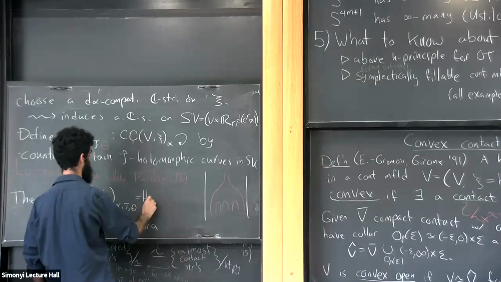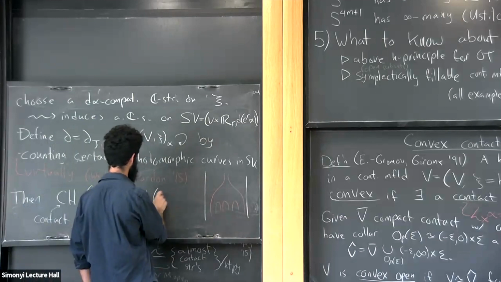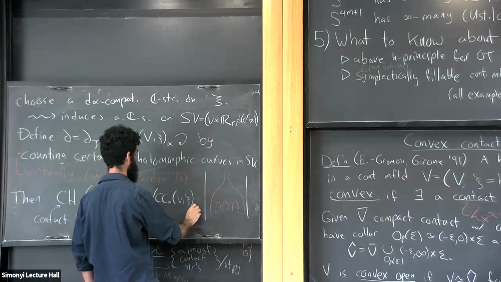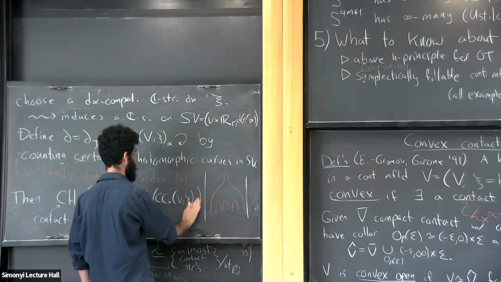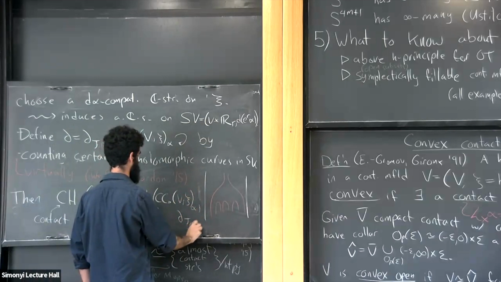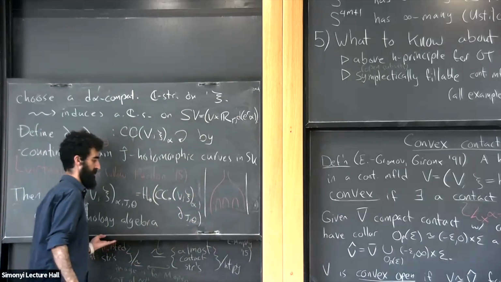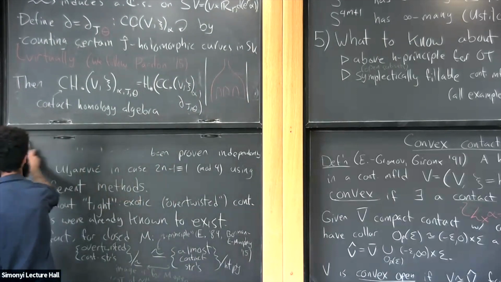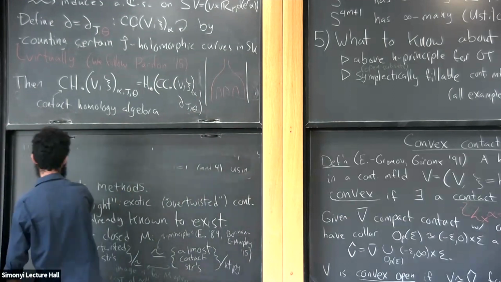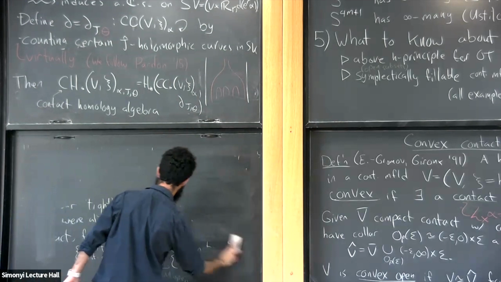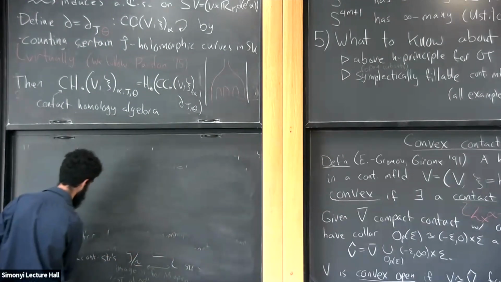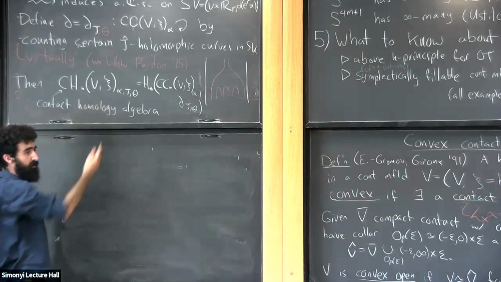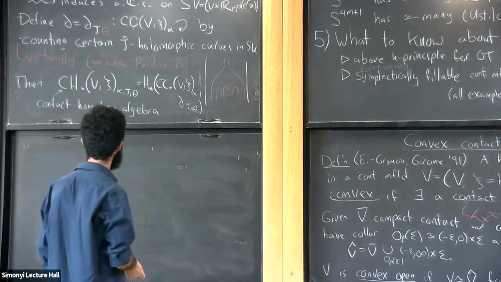And this is the homology of this. Oh yeah, and one last thing is that one has to show that you get canonical isomorphisms between these invariants for different choices of alpha, J, and theta.